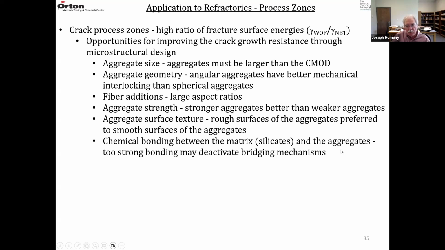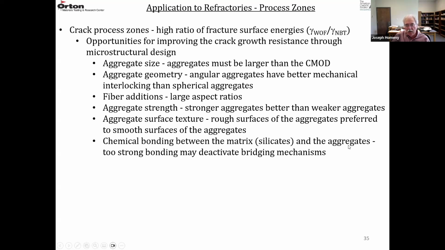Well, this is real important. You do not want very strong bonding between the matrix and the aggregates. If you have very strong bonding, you're going to deactivate all these bridging mechanisms, and the fracture path is going to be through the coarse aggregates instead of around them.